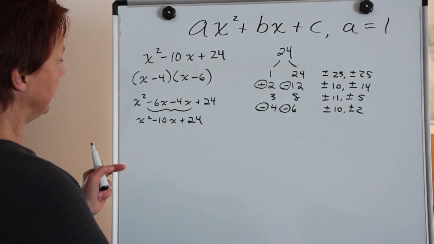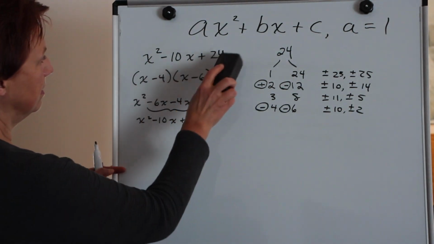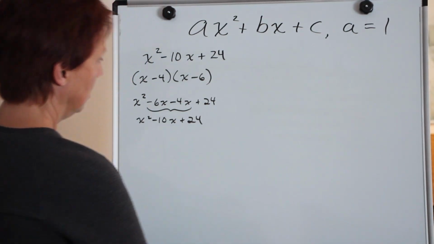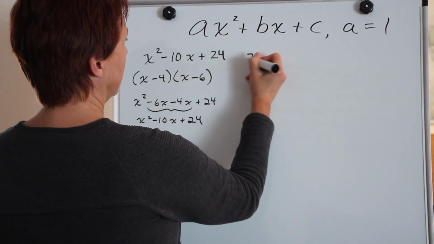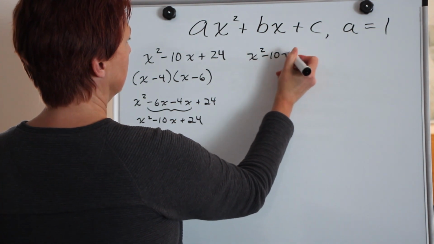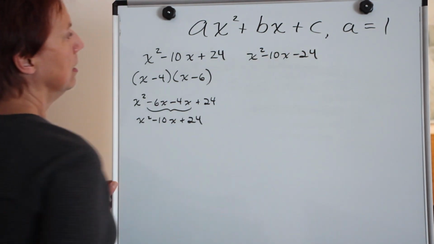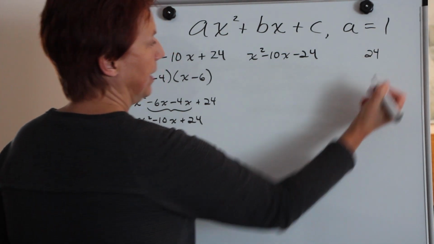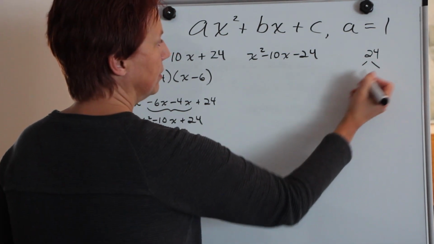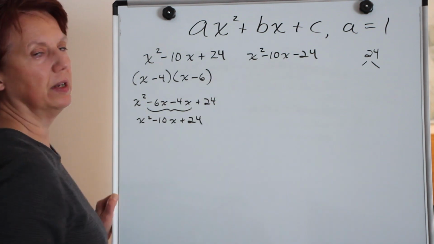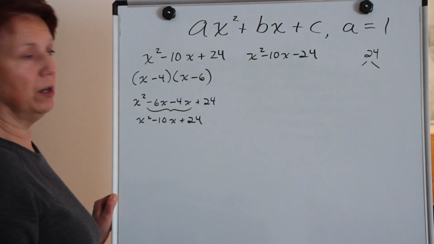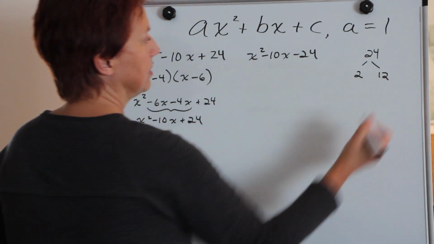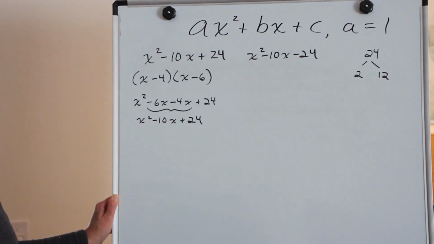Okay, now the next thing we're going to do is look at something very similar to this one, but we're just going to change one of the signs. We're going to change it to x squared minus 10x minus 24. Okay, so we know the procedure by now. We write the back number down, and then we look at factors that multiply to make that number and that will add to make 10. We know 1 and 24 isn't going to work. So this time, let's investigate that 2 and that 12 again, like we did before.